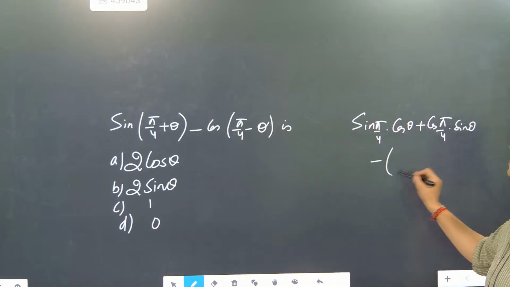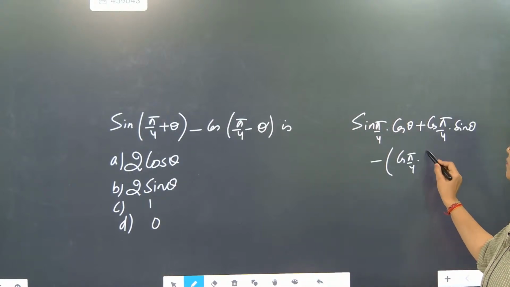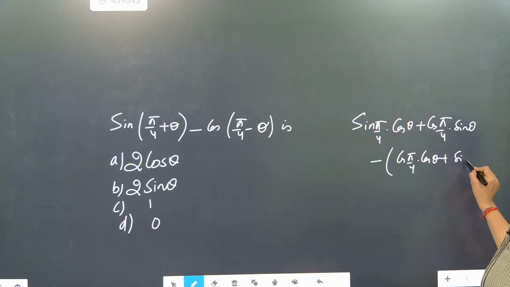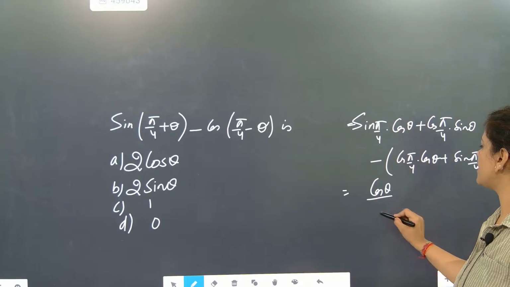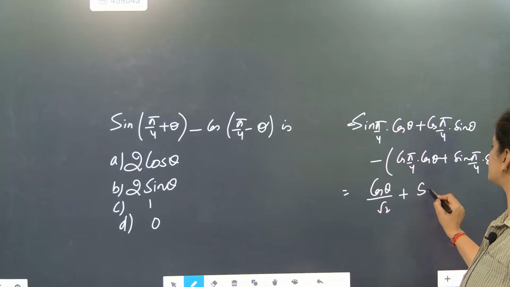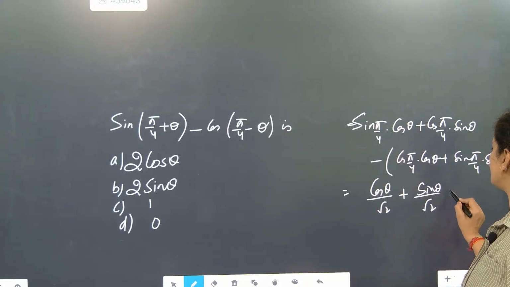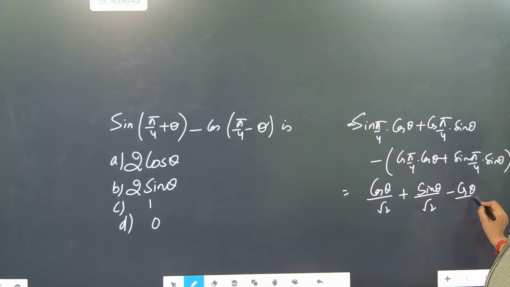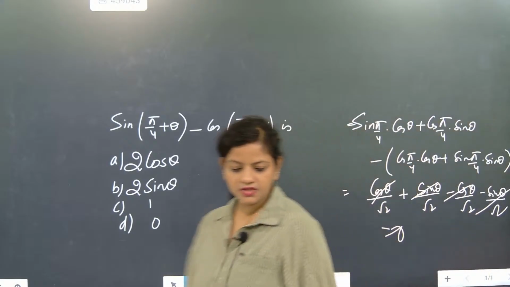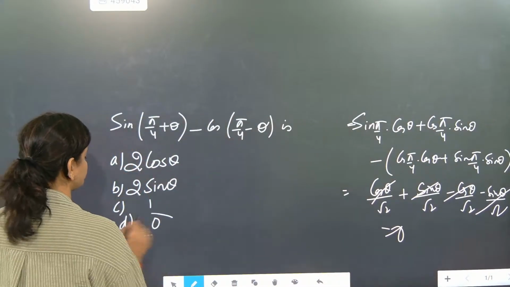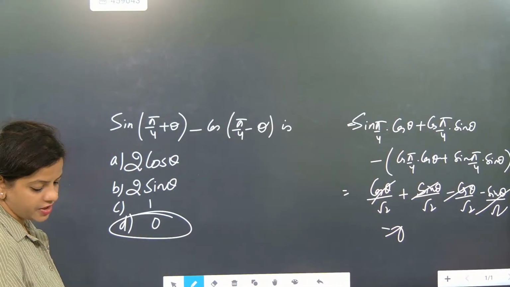Now minus, it will become cos pi by 4 into cos theta plus sine pi by 4 into sine theta. So this one will become cos theta by root 2 plus sin theta by root 2 minus cos theta by root 2 minus sin theta by root 2. That is 0. So the answer is coming as 0. Option D is the correct answer.